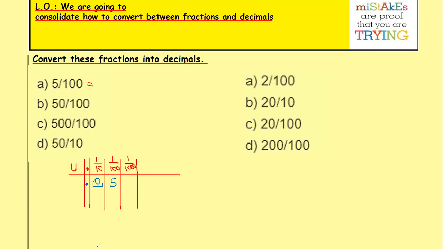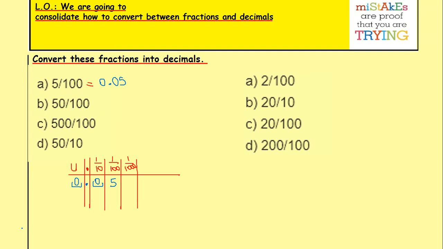I know sometimes you can hear it said this way, but that is not a correct way. So there has to be a 0 placeholder for the units as well. So my answer is 0.05.